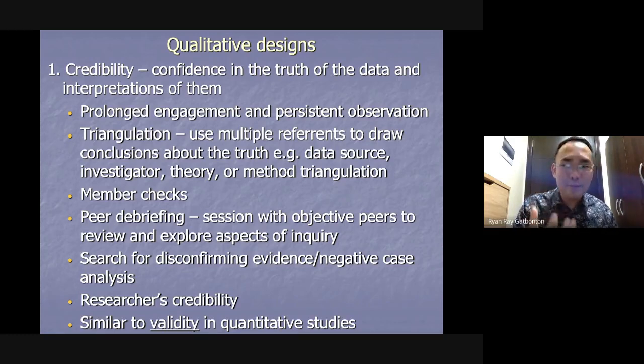Babalikan mo yung kinunan mo ng data para i-confirm sa kanya kung tama ba yung pinaggagawa mo sa interpretation mo or sa pagsulat mo ng data. Okay? It can also be assured by peer debriefing, search for disconfirming evidence or negative case analysis, or even looking at the researcher's credibility.